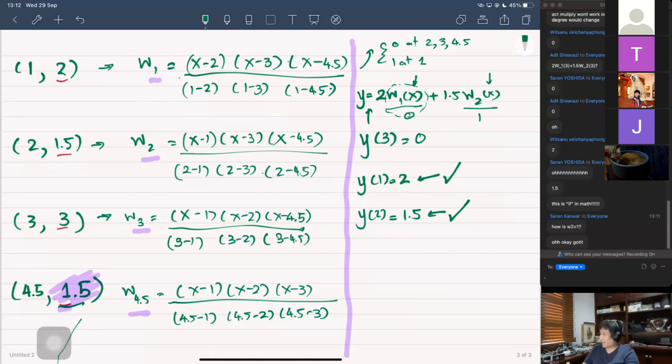Okay, so I think everyone got it, right? If you want it to be correct at 4 points, that's easy. I just do y is equal to whatever value I want at y, which is 2 w1 of x plus 1.5 w2 of x plus 3 times w3 of x plus 1.5 times w4.5 of x.